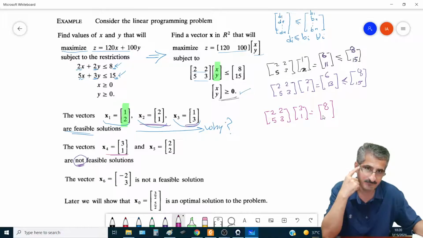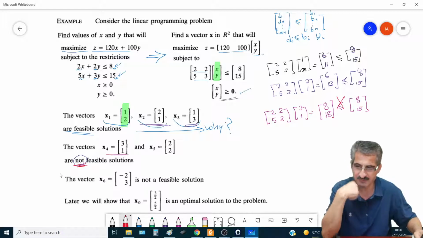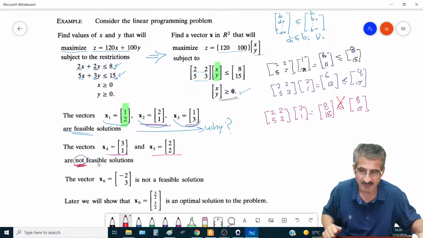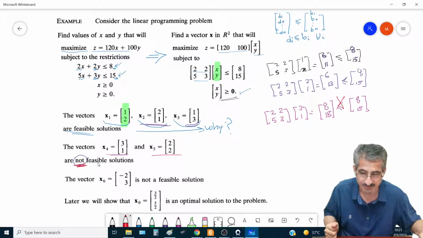And 15 plus 3, which is 18. Oh, this is not less than this vector here. It is not. So this is not a feasible solution. Same thing for x5, not a feasible solution because it does not satisfy the constraints.